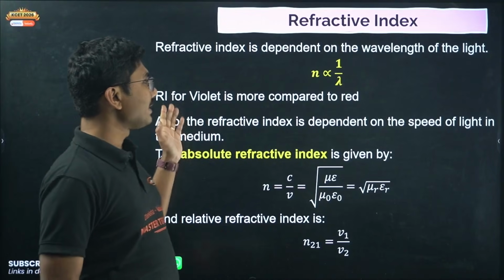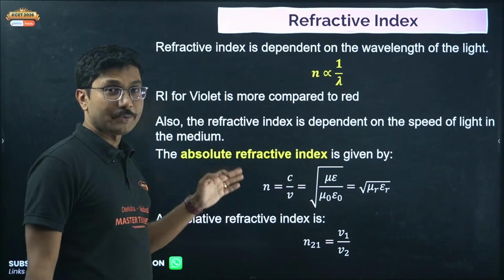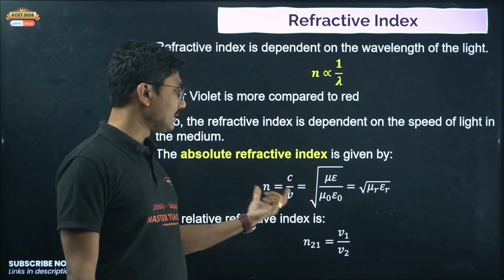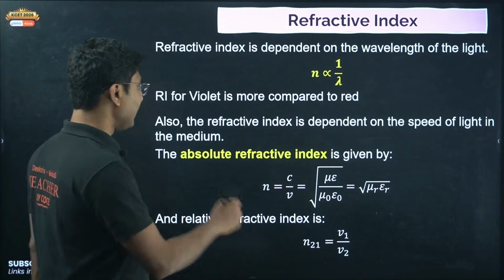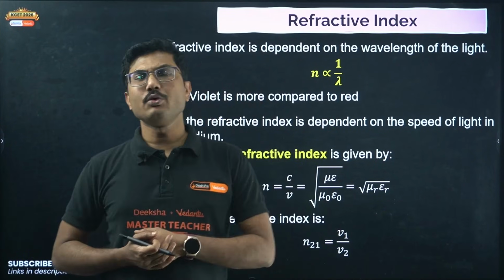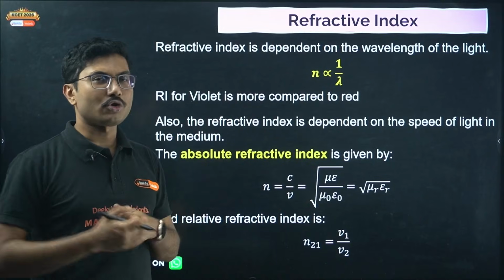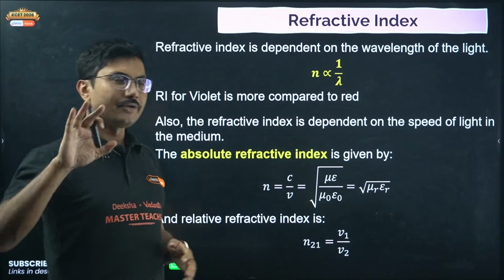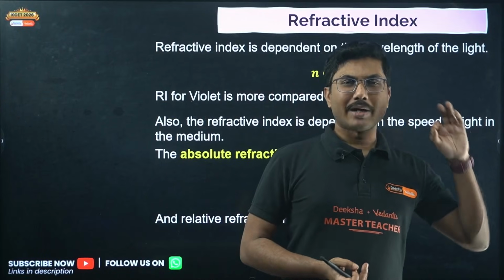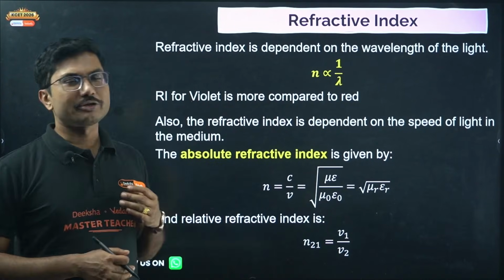Also, the refractive index is dependent on the speed of light in the medium. The relationship between refractive index and speed of light is c by v. This is called absolute refractive index. Absolute refractive index means refractive index with respect to free space or vacuum or air. For our most common cases we will take air, because the refractive index of air with respect to vacuum is almost 1.002, so that can be approximately taken as 1.